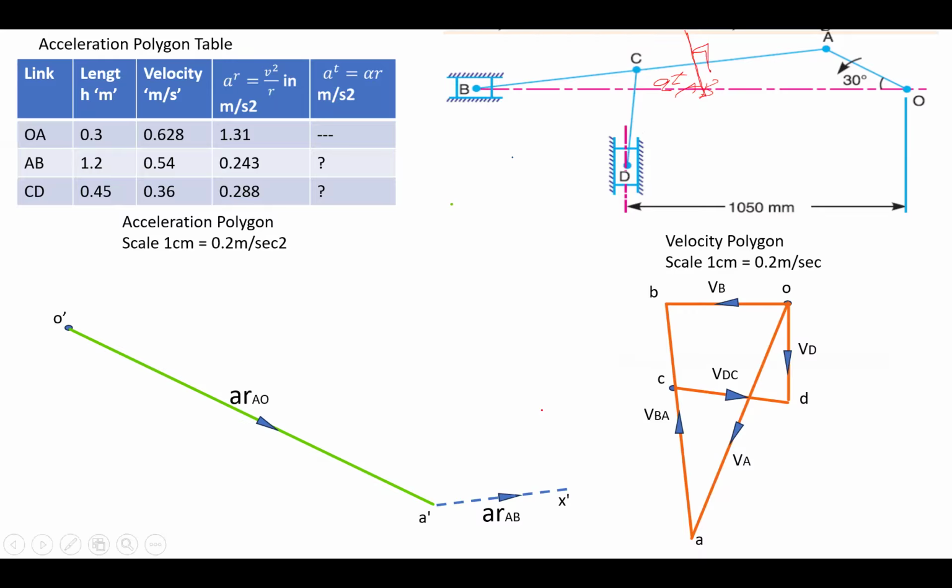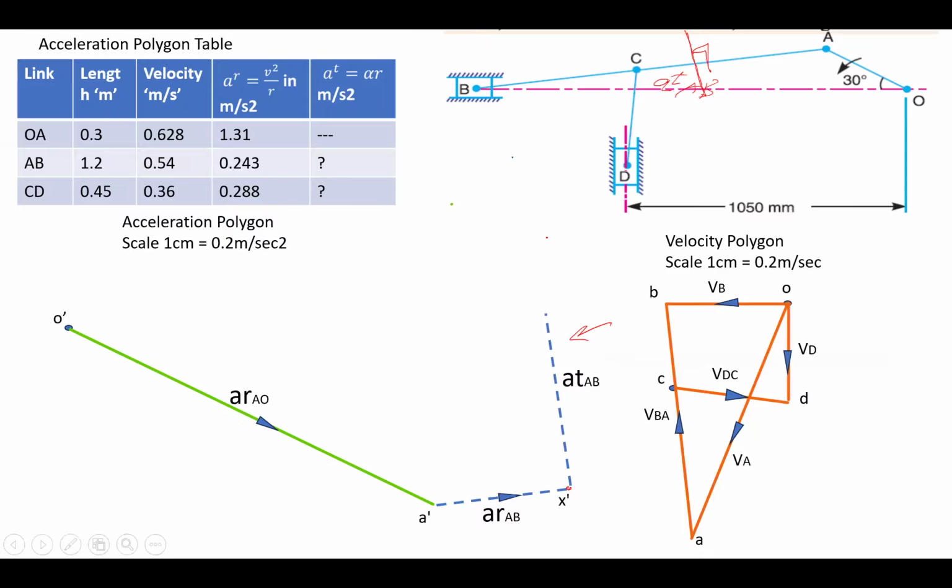Where your radial component ends at x dash, from that point you draw a perpendicular line to AB. So let's draw the perpendicular line to AB that represents the tangential component of AB, shown here.